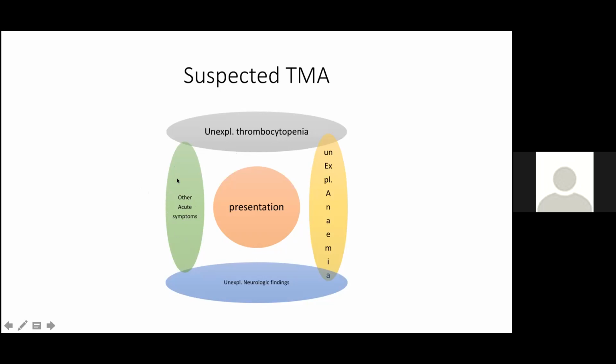These are the patients we usually see. Connective tissue diseases, SLE, antiphospholipid syndrome, all these patients will present in this way. But it is really important to exclude other systemic diseases and identify primary TMAs to save the patients.